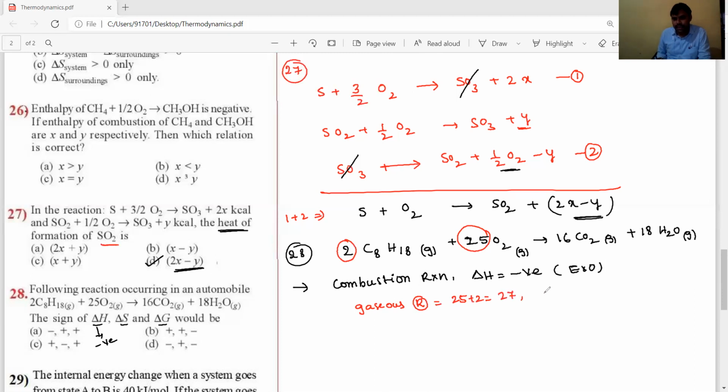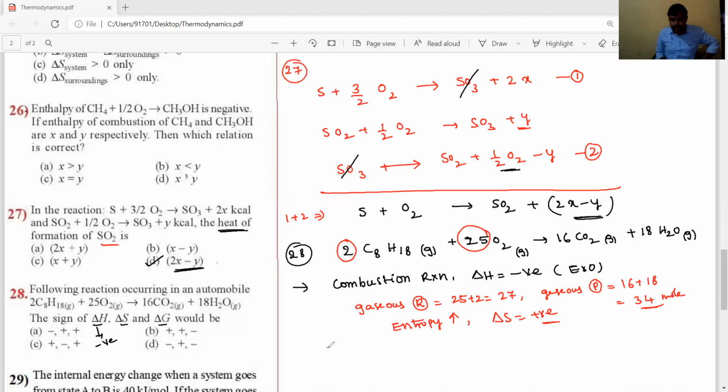And gaseous state products, how many are present here, students? 16 plus 18, that is nothing but 34 moles. So 34 gaseous moles are present, which means entropy will increase. Entropy increases. That's why delta S is positive.